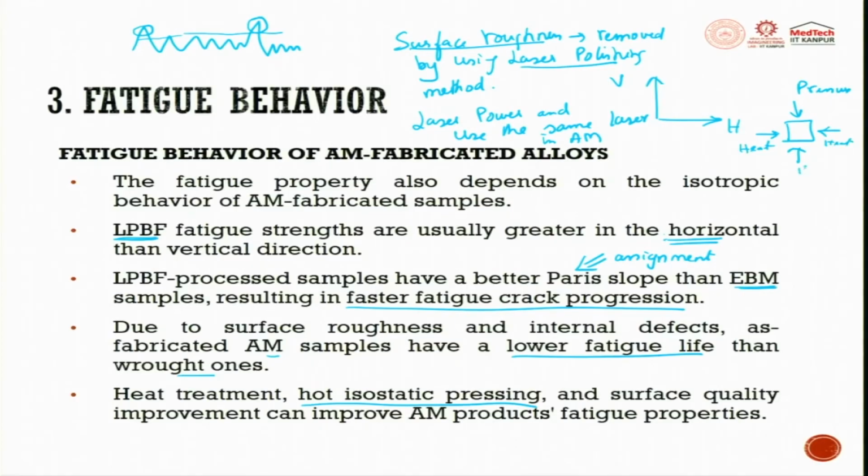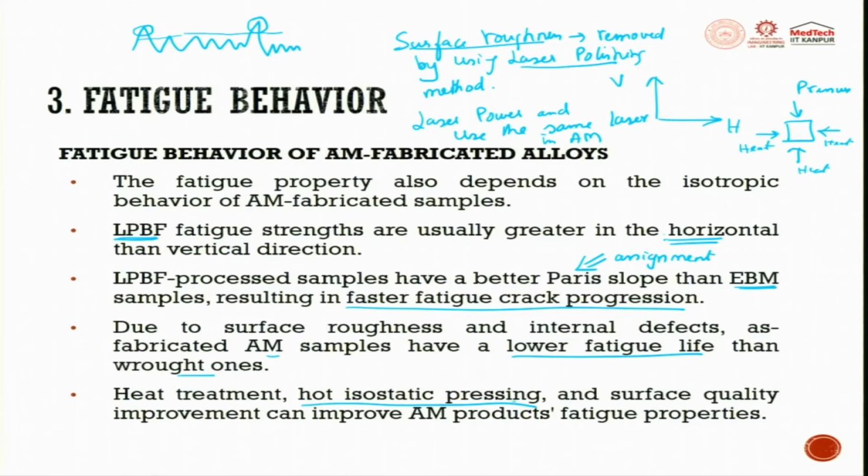Isostatic means uniformly you are applying heat as well as pressure, so that small porosities and other internal defects, cracks, can be compressed, and it will remove small voids which are just below the surface also. It cannot remove them, but it will compress and respread the material.